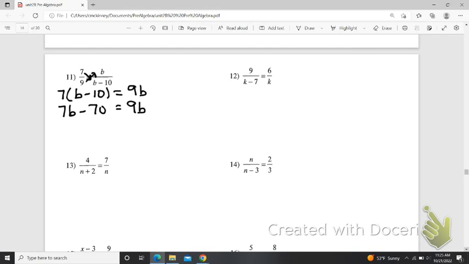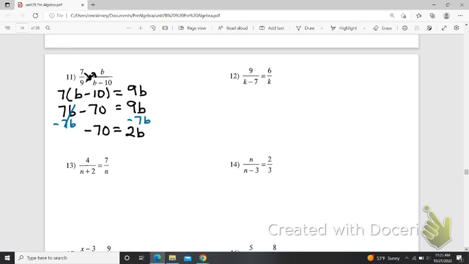And I'm going to, in this case, move them to the right because there are no constants on the right. So it's going to be a little shorter if I make the right side my variable side. So I'm going to subtract these 7b so that my b's will be on the same side. Or you can think of it as moving them to the other side, and when they cross the equal, they change their sign. 9 take away 7 is 2b.